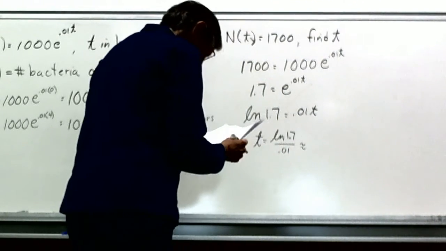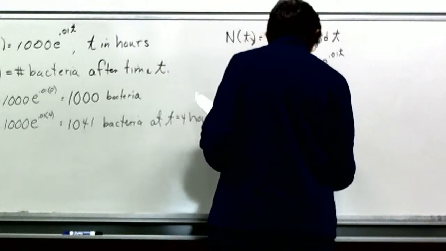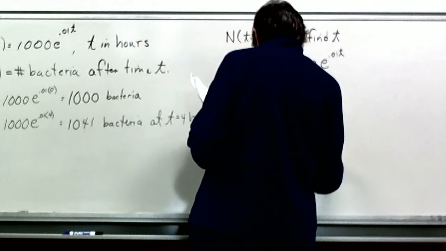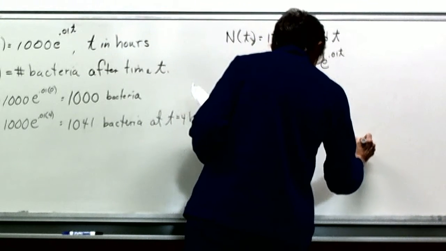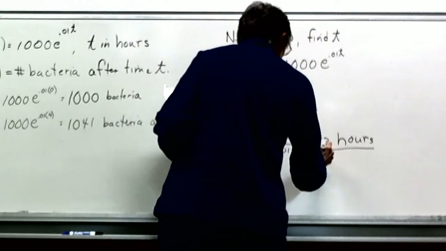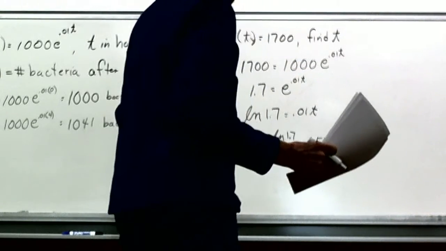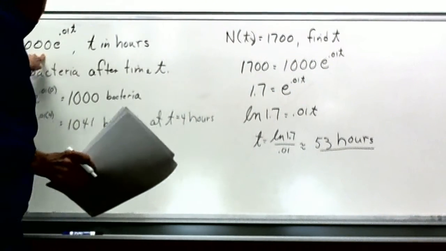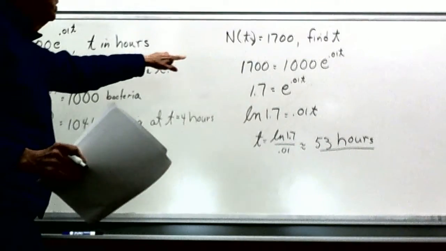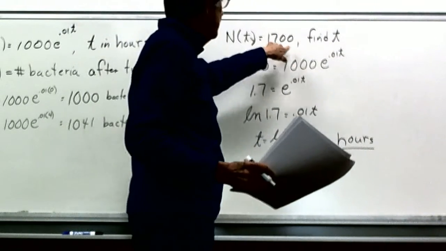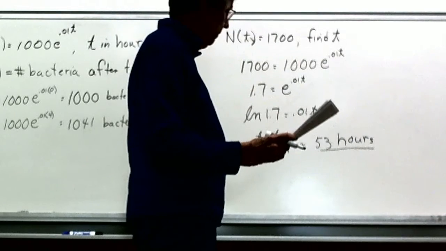And rounding, that will give us approximately 53 hours. The time it takes to go from the starting amount of 1,000 bacteria to a final amount of 1,700 bacteria.